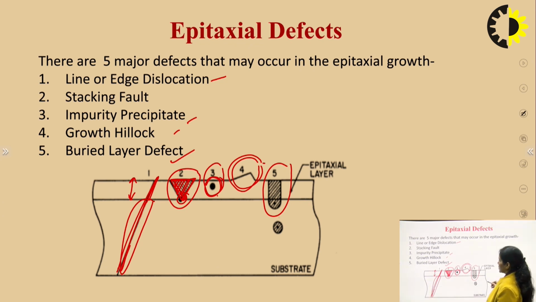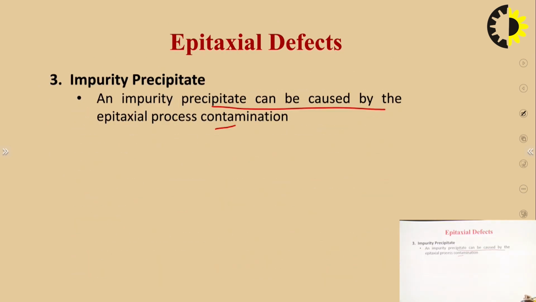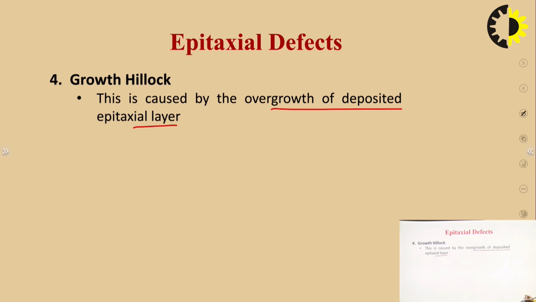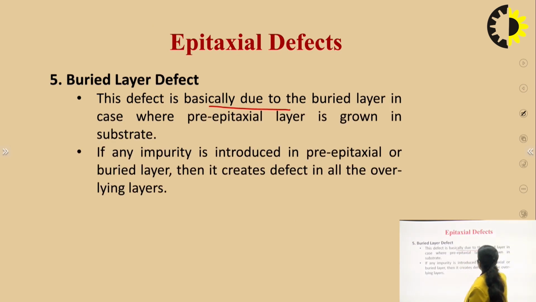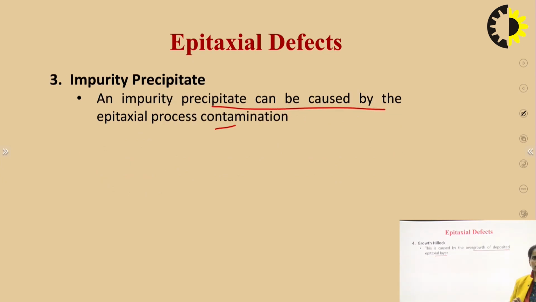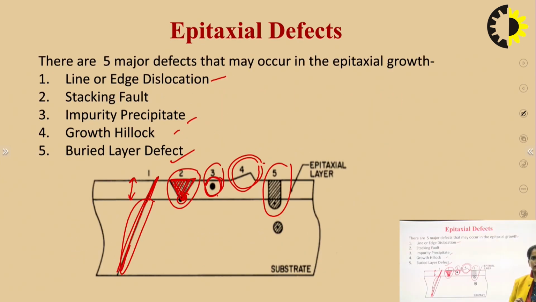Next defect is buried layer defect. This defect is basically due to the buried layer in the case where a pre-epitaxial layer is grown in the substrate. So in this case, this is the pre-epitaxial layer, and there is some precipitate defect in this portion.